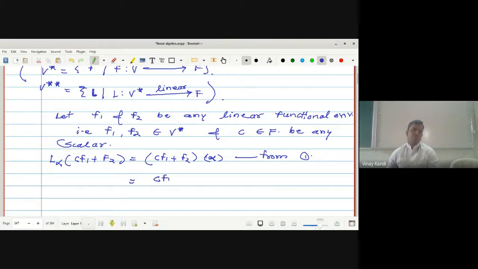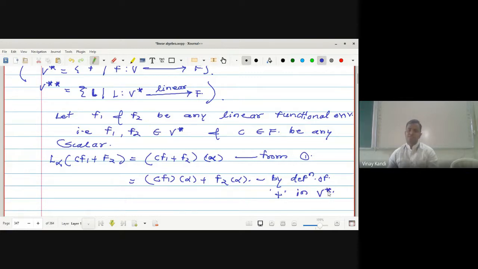This is c f1 of alpha plus f2 of alpha. What is the reason? By definition of addition in V star.